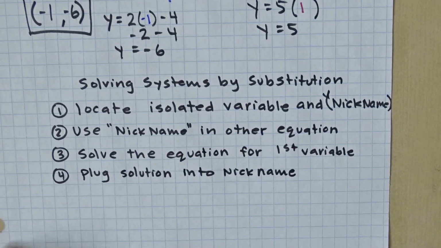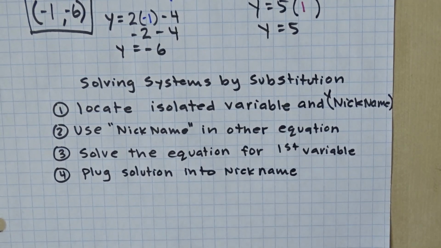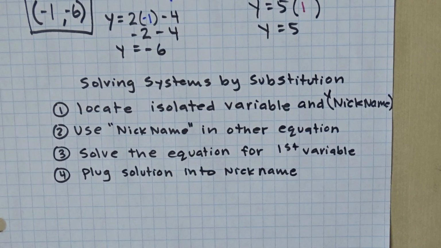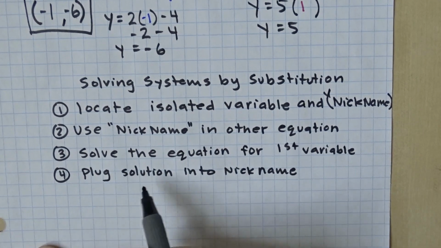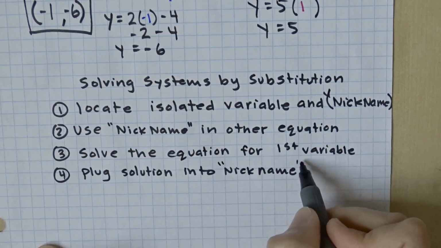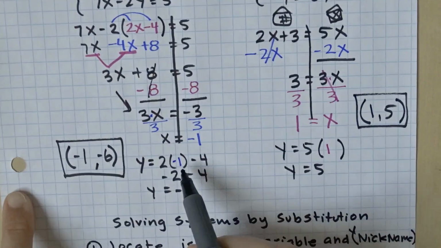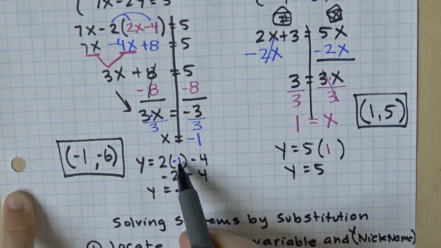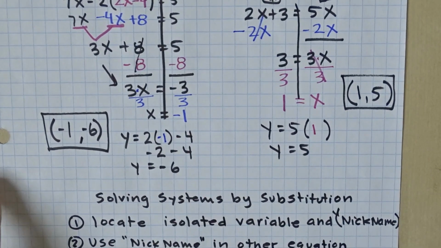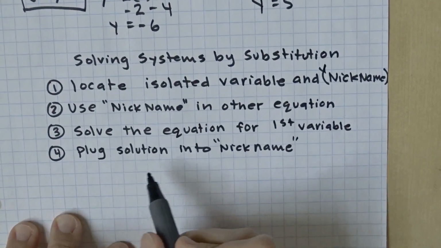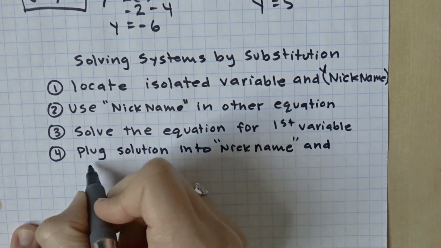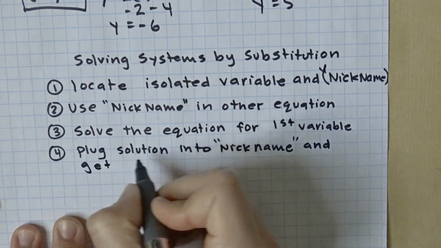Right? Now, just remember, these are the steps for my particular technique. These aren't necessarily what you're going to see in a textbook. It'll just say substitution, this and that, but the nickname is the same idea. So once you plugged your solution into the nickname, and that piece was when we took our nickname here, and we plugged our solution back into our nickname, you got your second variable, and you're done. Plug solution into nickname, and get second variable.